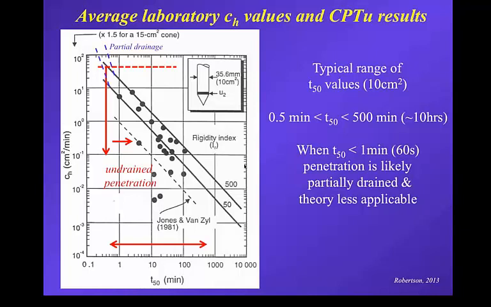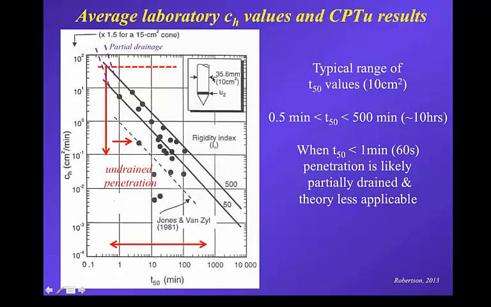They likewise recommend that roughly when T50 is less than, they say 50 seconds, but nominally about 60 seconds, it's going to be influenced by partial drainage effects. They actually said they would recommend 100 seconds, so a little over a minute, to start modifying it.